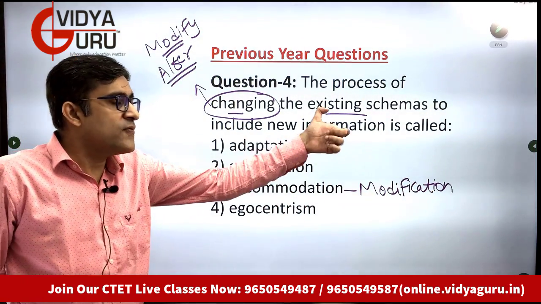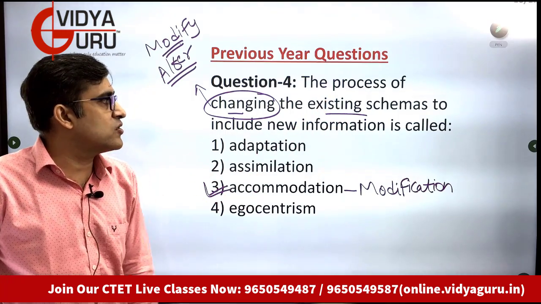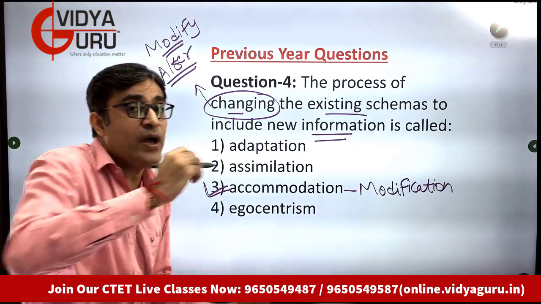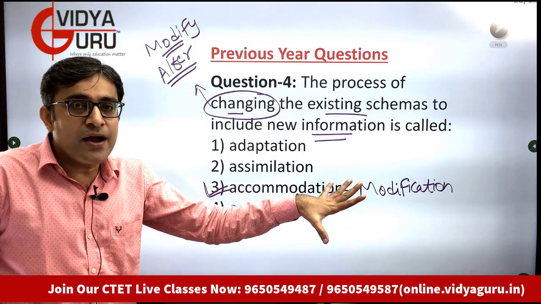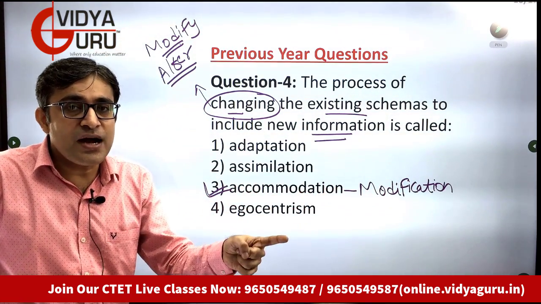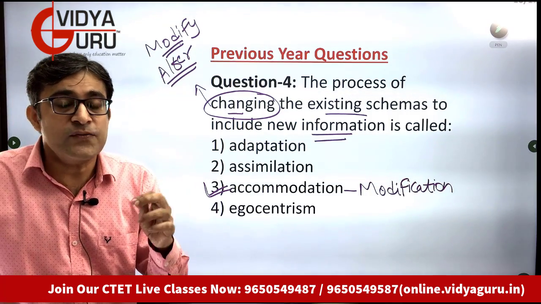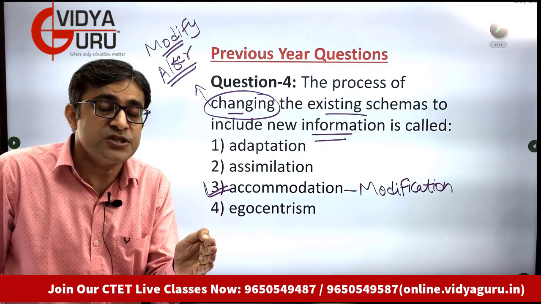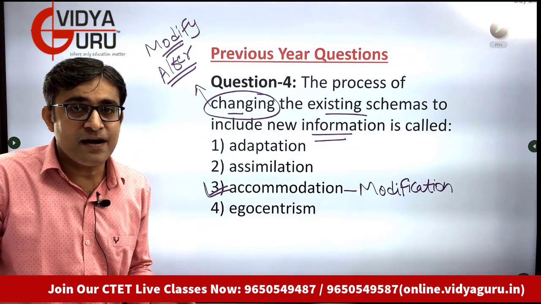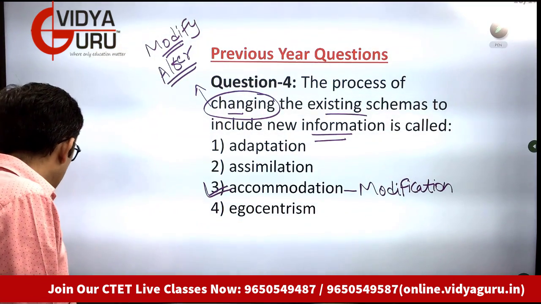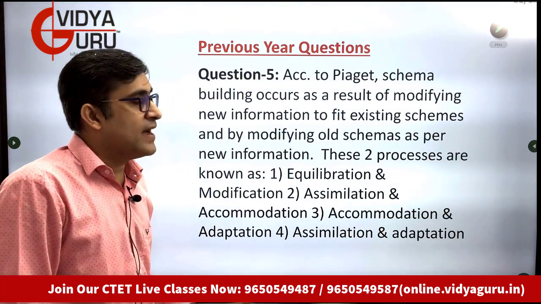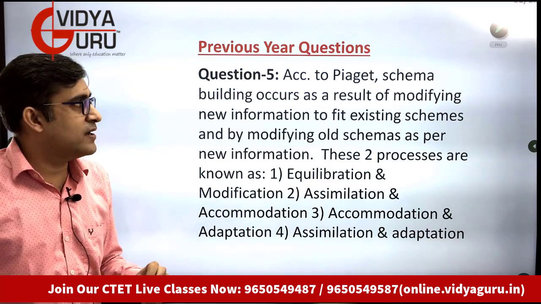What is it? Modifying, changing, altering your schema to include new information. Sure? And when is it required? I have told you, when there is some conflict, when there is some disequilibrium, when the new information is opposite to what you had learned earlier. Sure? And now comes the last question for today, and students, that is to be read once.